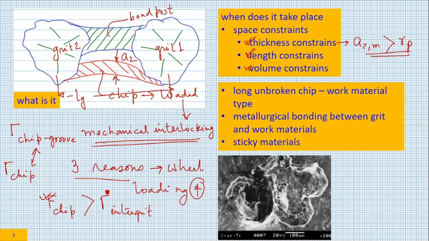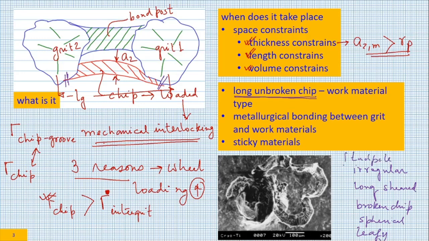We are assuming that this is the entire length of the chip from this end to this end. So if your chips are long unbroken chips, we have seen while studying chip characteristics, you can have irregular chips, you can have long shear type chips, you can have broken chips, you can have spherical chips, you can have leafy chips, you can have tadpole type chips, what not, all of them we have discussed.